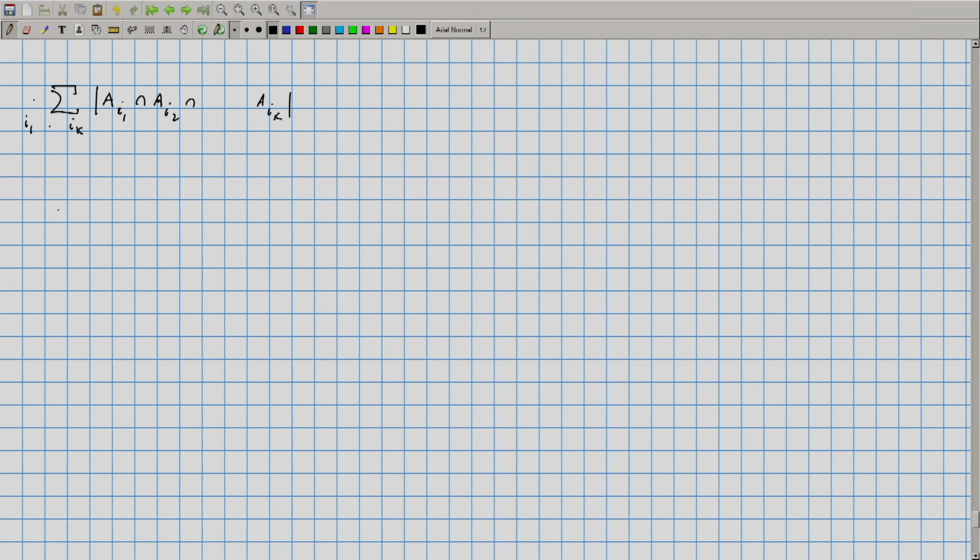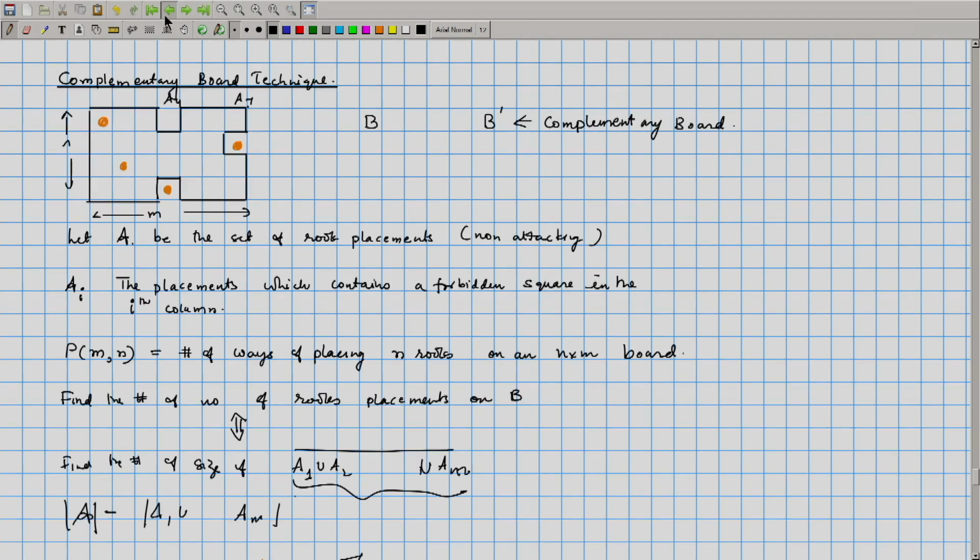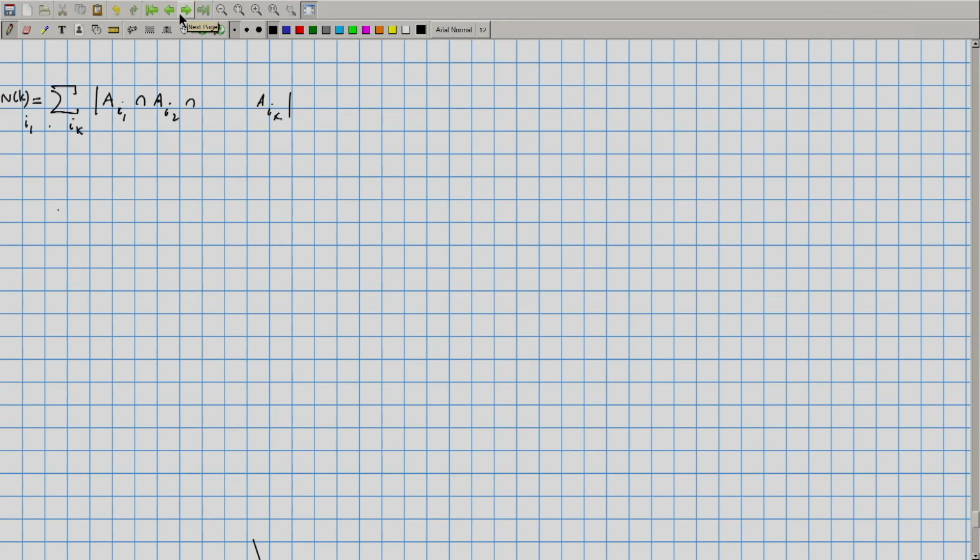Let us denote this by NK. NK is what we need to find out. If we can find the value of NK, then the count that we want is just the size of A minus these, plus or minus these NKs, by means of inclusion exclusion.